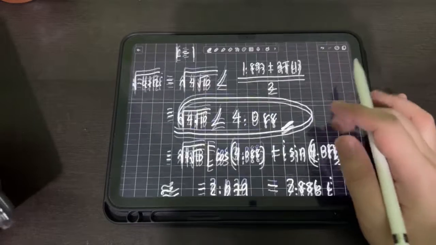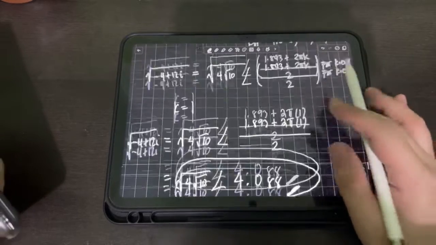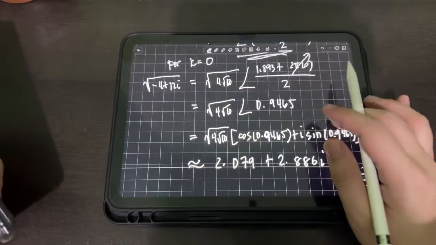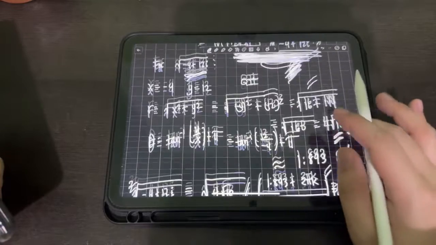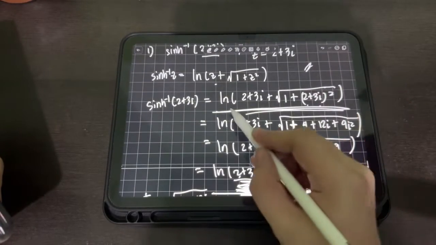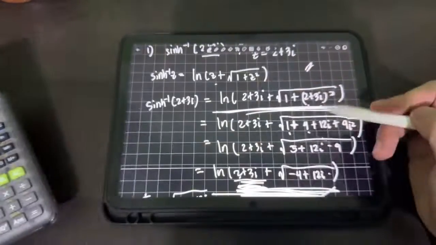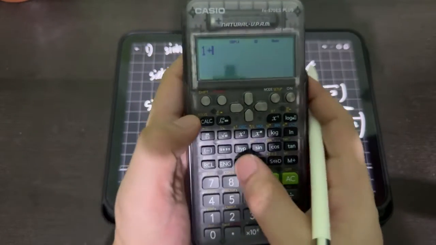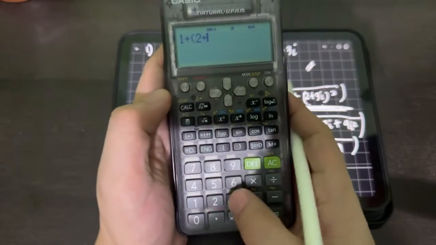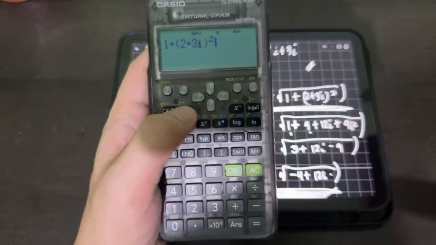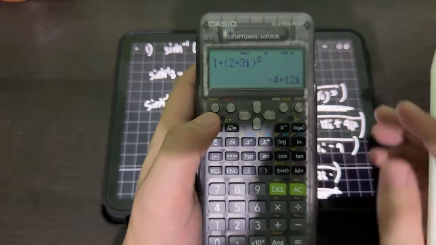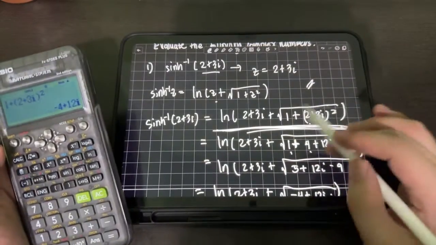Next, how about the second set of answers? Same, you will start with this expression. Again, input 1 plus quantity 2 plus 3i squared, and then get the square root of this.